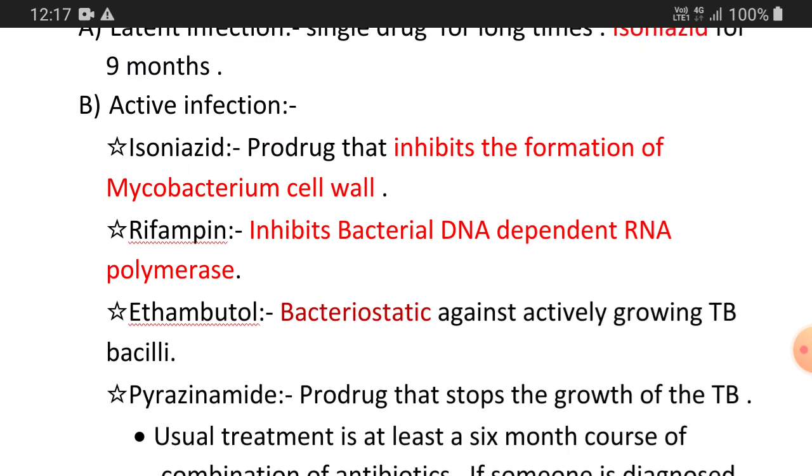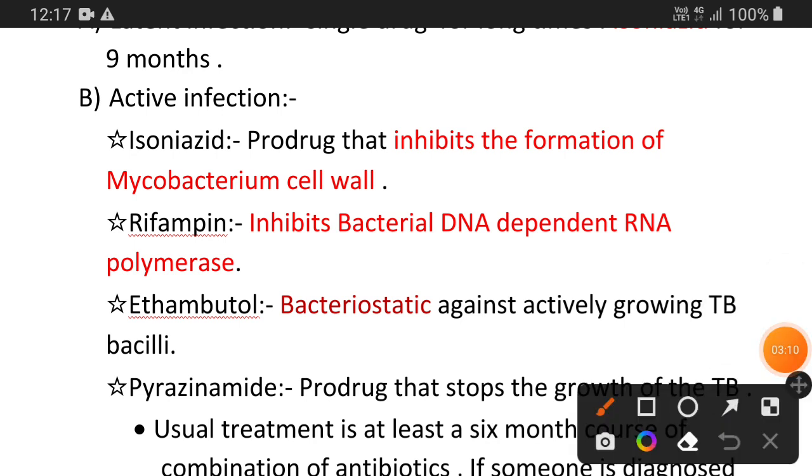One is Isoniazid. I have told you about the mode of action of Isoniazid. Another important piece of information is that Isoniazid is a prodrug. Rifampin, I think I don't need to explain much, it has the ability to inhibit the bacterial DNA dependent RNA polymerase.